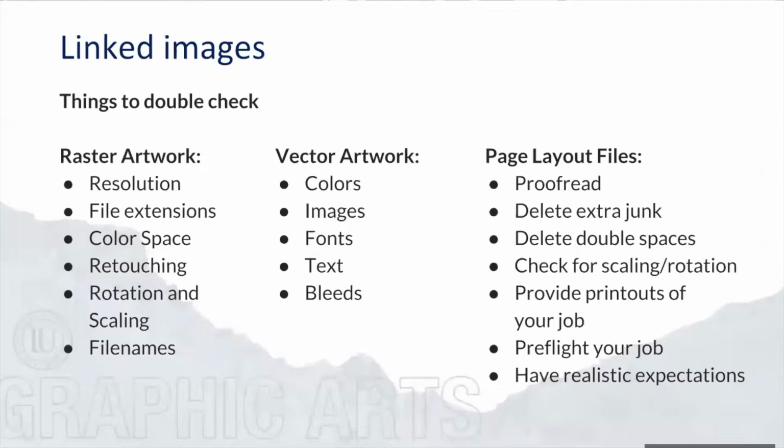Unless you're working in a color managed environment, you're going to be asked to provide CMYK images for your color images. If your print service provider utilizes color management, ensure that you've tagged your RGB images with the appropriate color profile. It is extremely rare that you will run into this. I'm not saying it's never going to happen. It's just really rare that you're going to run into this.